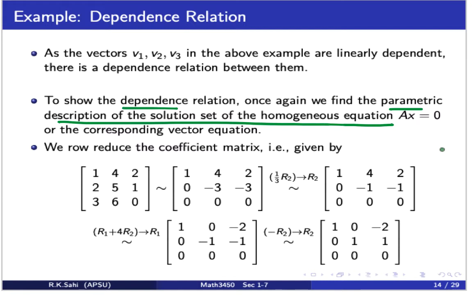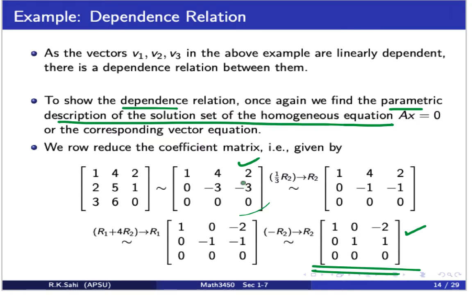To find it, we could have easily written the linear system of equations from the row echelon form, or we can apply more row operations and make it into a row reduced echelon form so that we have less computation. It doesn't matter, you can work from here or from here. Either way you can do it.